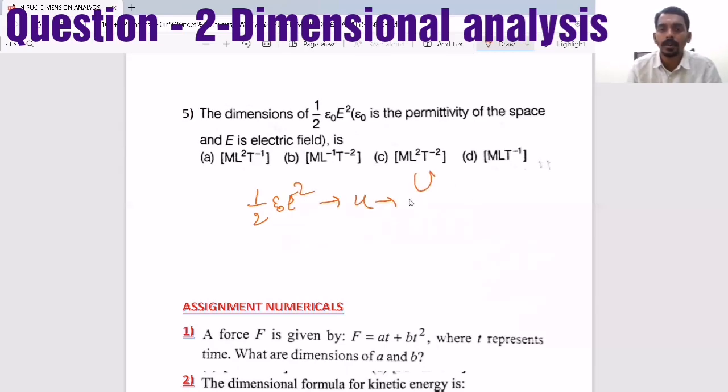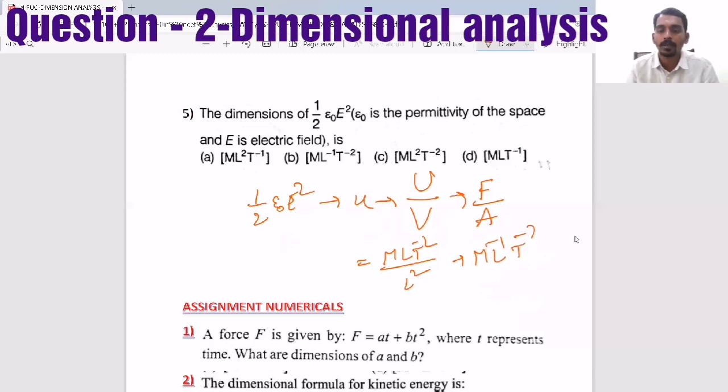Energy density means energy per unit volume. That is nothing but force by area, just before we have seen. That means M L T power minus 2 by L square, nothing but M L power minus 1 T power minus 2. So this way, have memory, revise everything, remember, then you can do all these things.